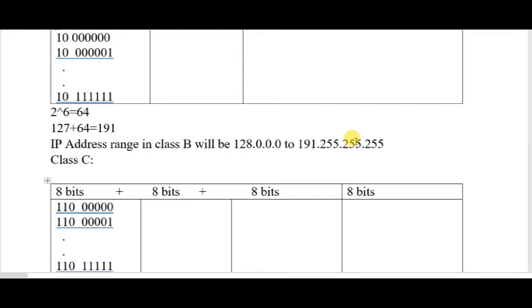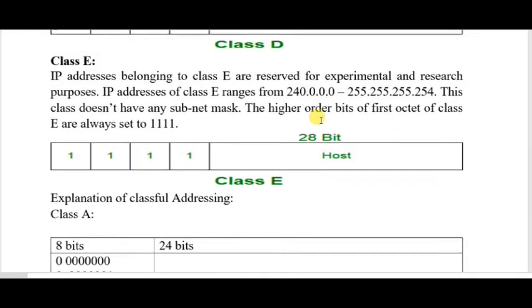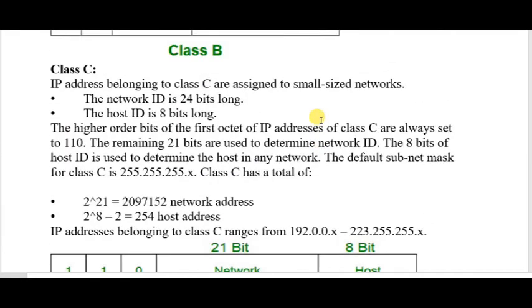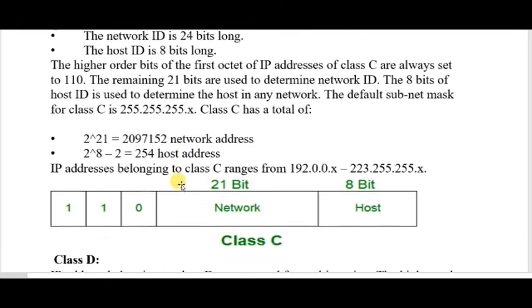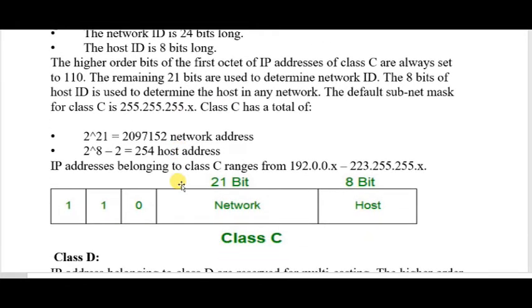As the 3 bits are prefix bits, we have 24 bits of network address, so it should be 2 to the power 24. But as we have a 3 bit prefix value, 3 will be subtracted from 24. The remaining value is 21. So 2 to the power 21 is equal to 2097152 network addresses.